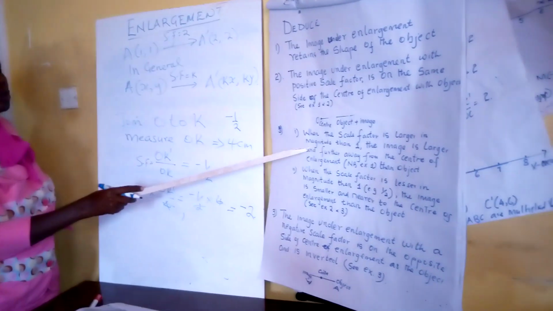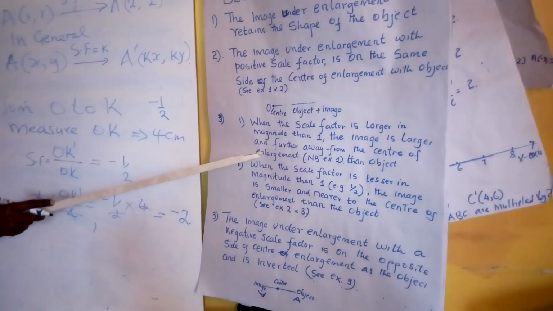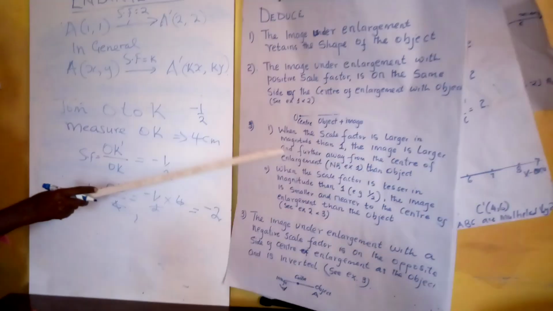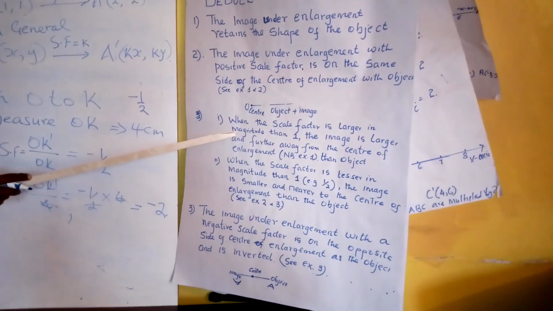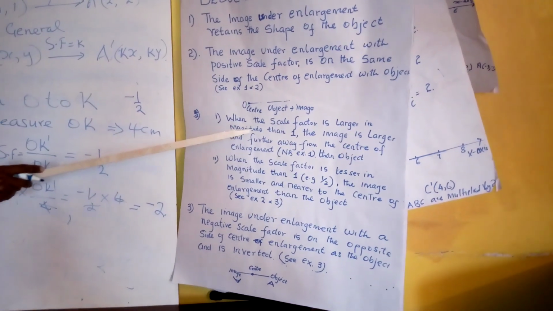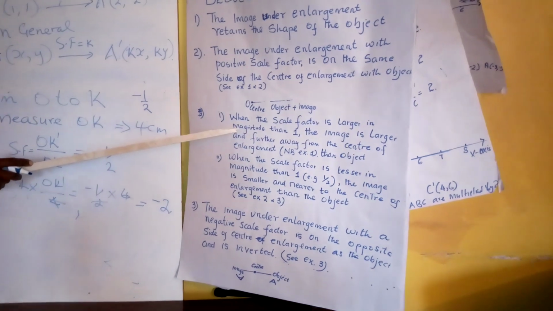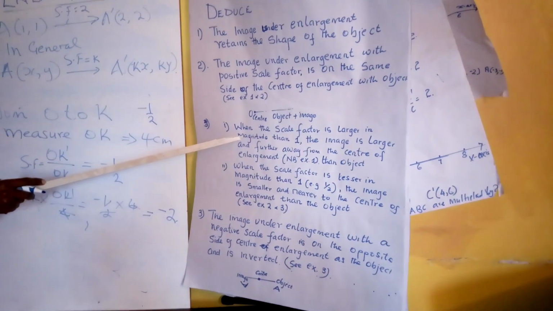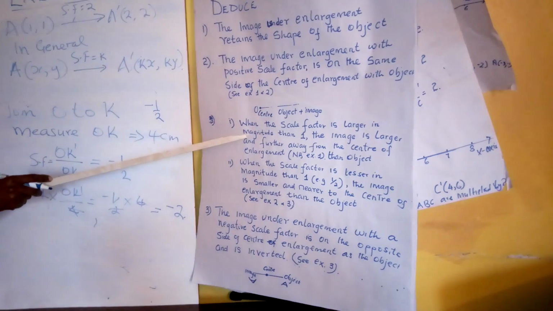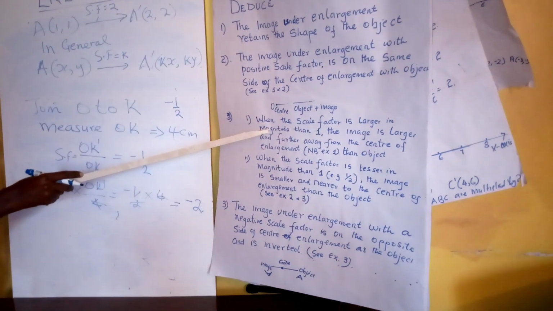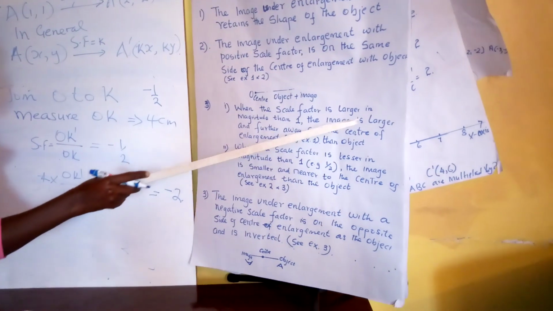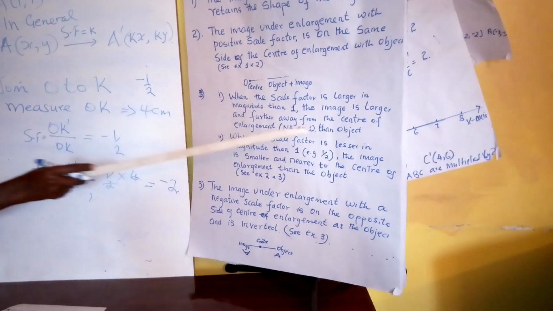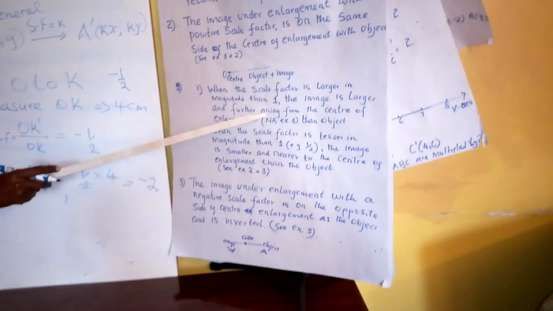Now, under this, we have to take care of two things. When the scale factor is larger in magnitude, and why I've used the word magnitude is that I am dealing with the size and not necessarily whether it is negative or positive. So when the magnitude is greater than 1, then the image is usually larger than the object and further away from the center of enlargement.